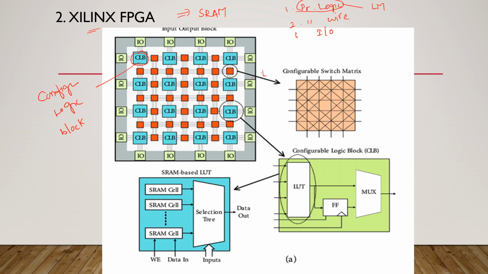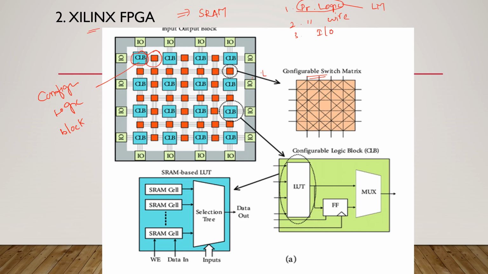In between the CLBs, this red square box is the programmable switch matrix or programmable interconnect, right? By using this programmable interconnect, we can make the connection between any two CLBs.